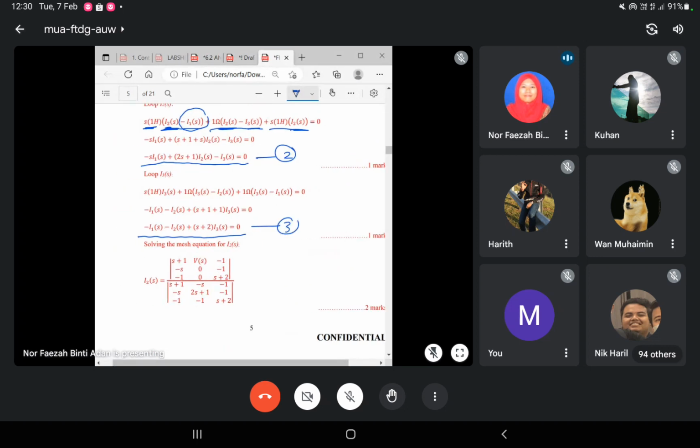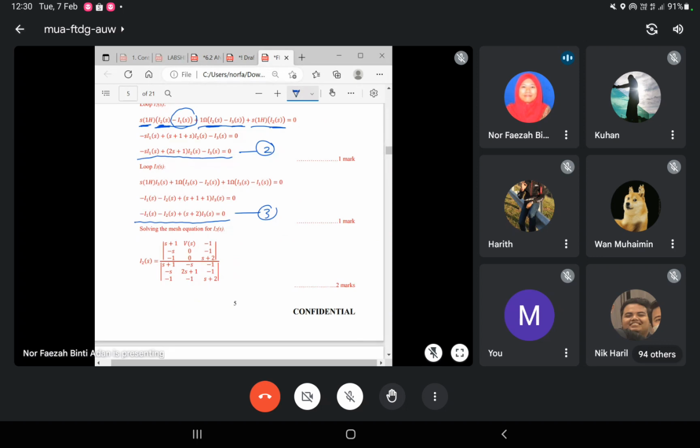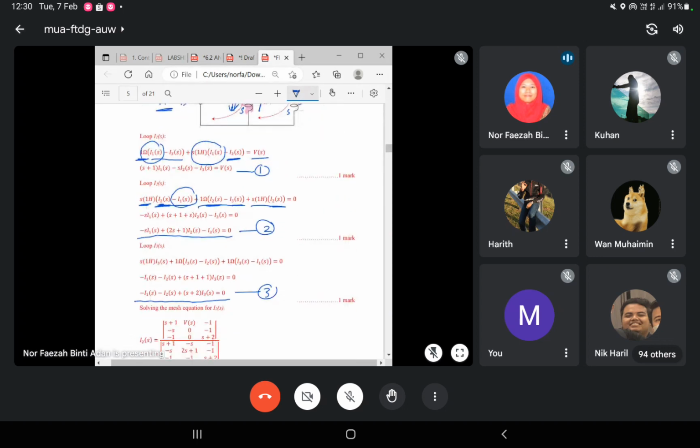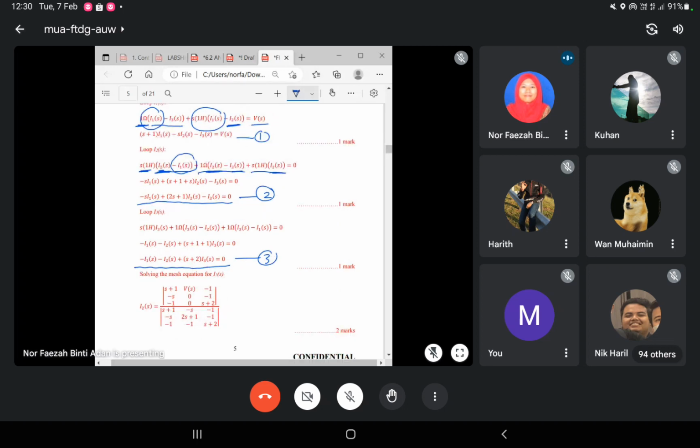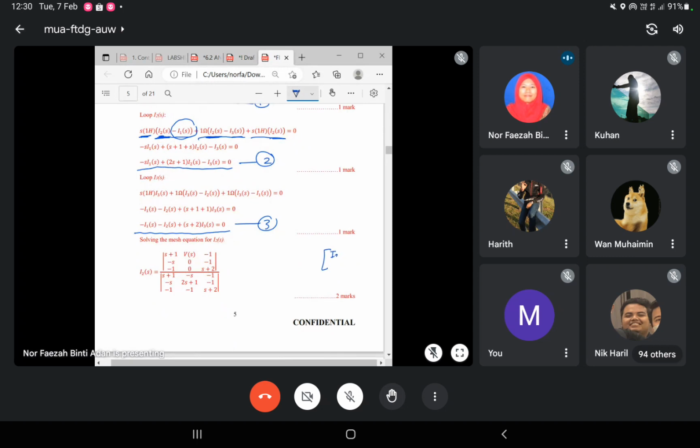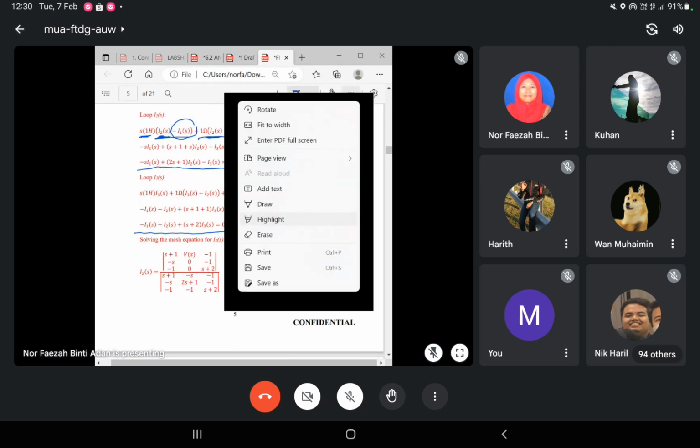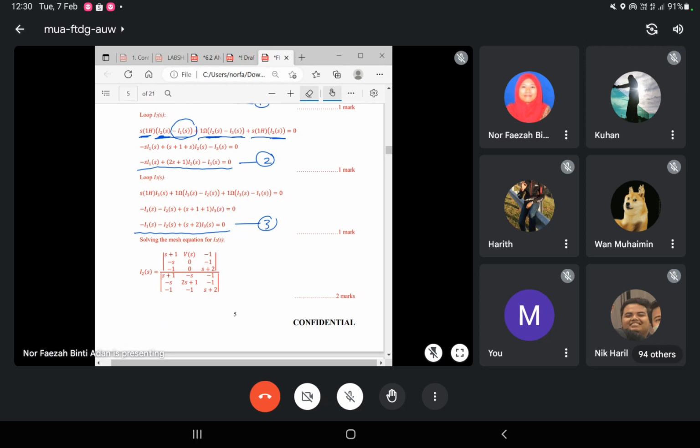Okay, so bila you dah ada 3 equations ni, you have to write it down in matrix form. Untuk solution ni dia dah cut short lah, dia dah tunjukkan terus how to find your I2. Kenapa nak cari I2 nanti saya beritahu. So kita tulis dulu dalam bentuk matrix. Okay, sini adalah I1, I2, I3 equals to apa dia punya output.